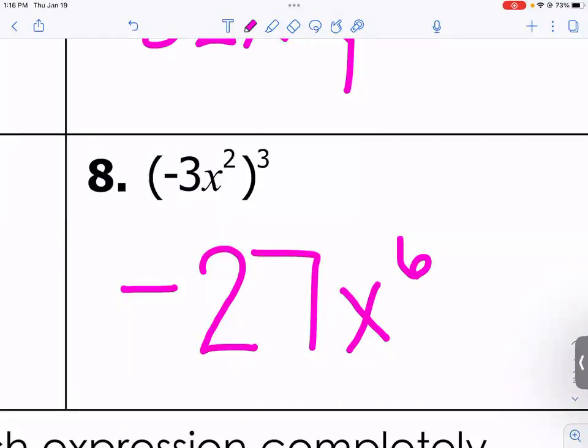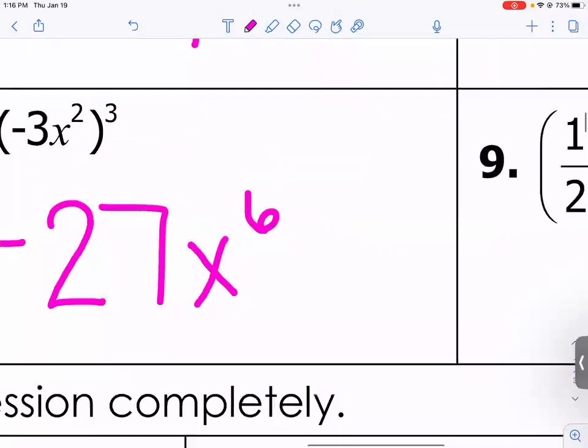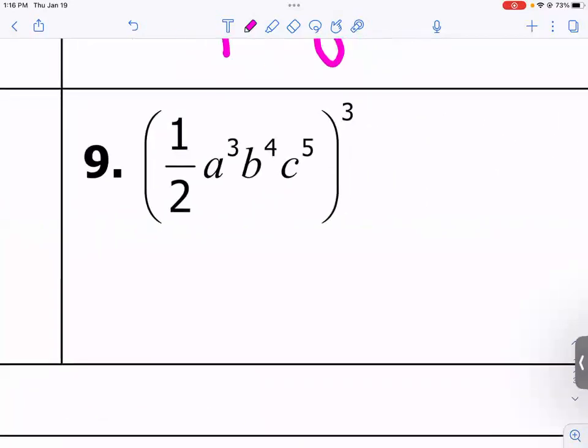There's a fraction. Oh no. Okay, so guess what? How about we do this? What if we say 1 is cubed and 2 is cubed?